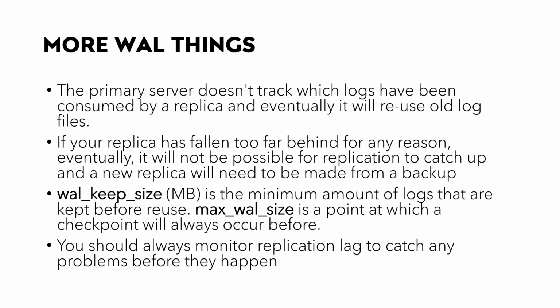There's two parameters mentioned here, the max WAL size and the WAL keep size. The WAL keep size is effectively the minimum amount of logs that are kept. So if I'm worried that my replicas are struggling to keep up, I might increase that to make sure I've got at least 4 gig of log files before the primary starts deleting them.